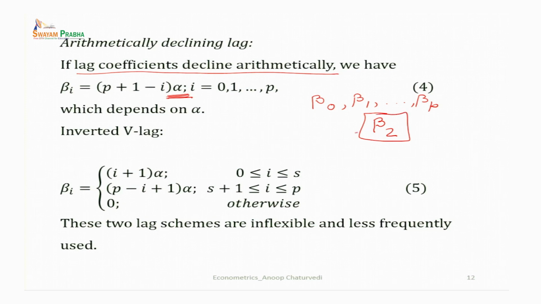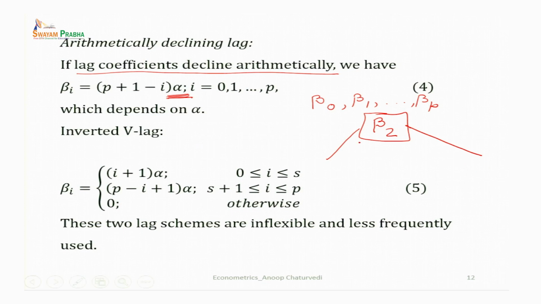So, beta 2 is maximum, and before that you have values of betas lower than beta 2, and after that again the values are declining. So, you have inverted V lag, beta 2 is maximum, or it may be beta 4 which is maximum, and then beta 2 or beta 3 or beta 1 are less than beta 4. So, you get some kind of inverted V lag.